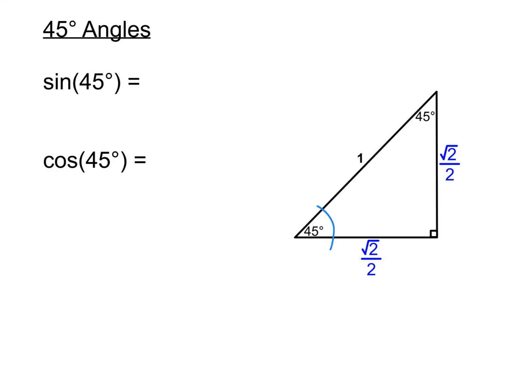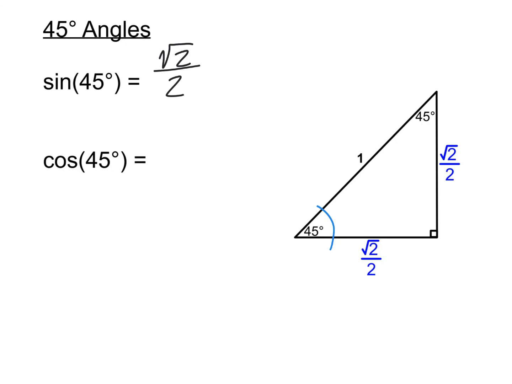Going from one of the 45 degree angles, it doesn't matter which one since they're both the same, sine is opposite over hypotenuse. So that would be root 2 over 2, the opposite, over the hypotenuse, which is 1.